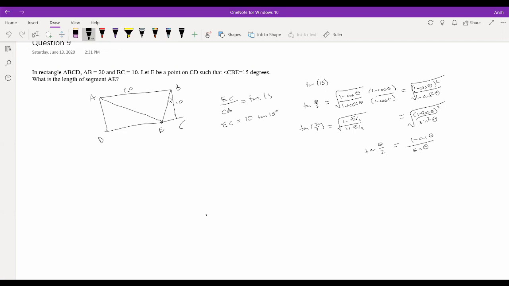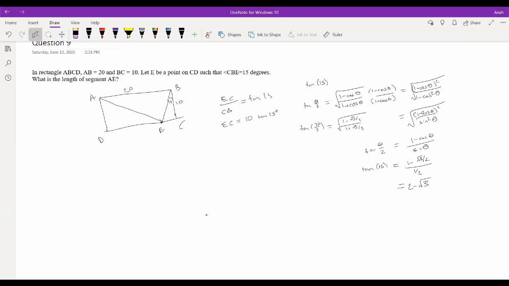So now plugging in theta equals 30 to find tangent of 15, we get 1 minus cosine of 30, which is root 3 over 2, and sine theta would be 1/2. So this would be equal to 2 minus root 3.